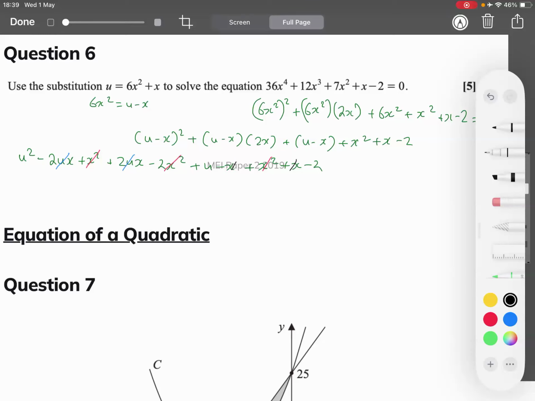Now, if we collect like terms, we get u squared after cancelling plus u minus 2 equals 0. Okay, and this is our easier quadratic, which we found. So if we solve that, we get (u plus 2) times (u minus 1) equals 0. So therefore, u equals minus 2 or u equals 1, and then we can solve that.